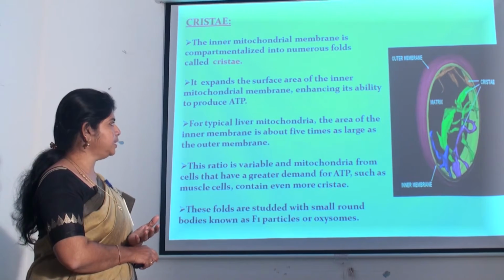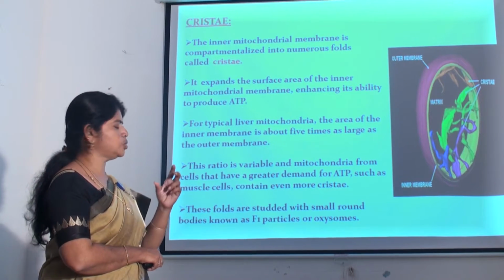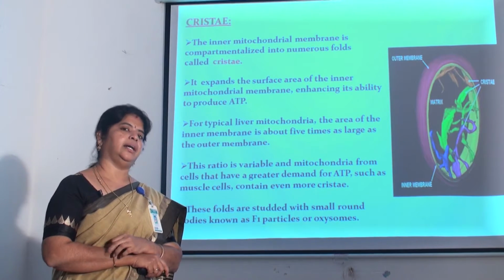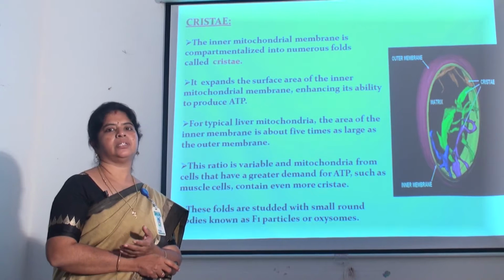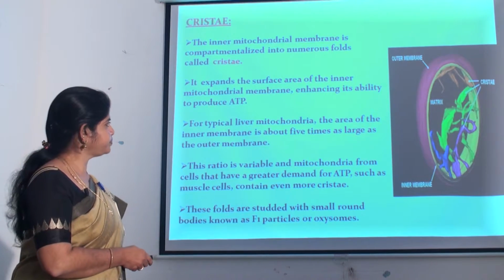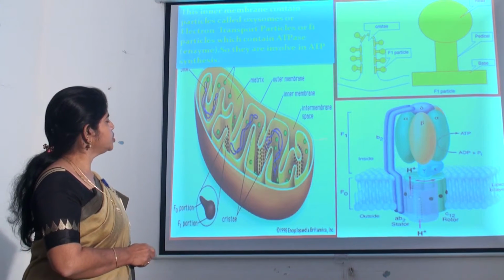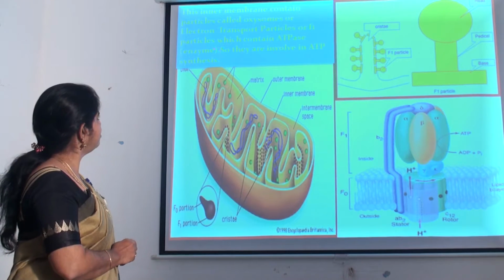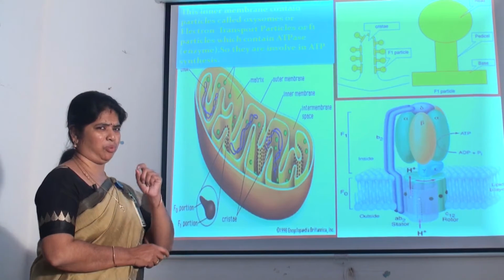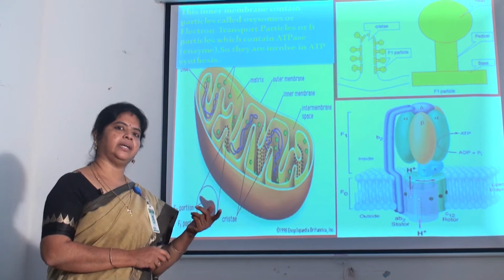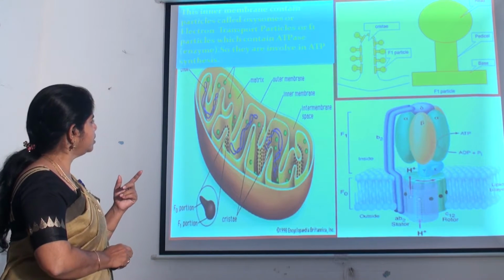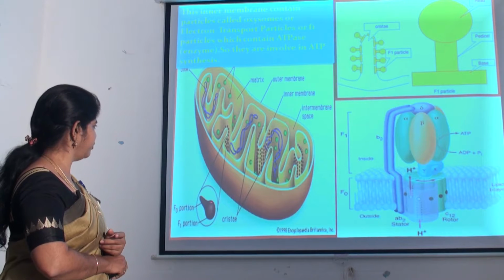And in this cristae you can see small round bodies called F1 particles, or oxysomes, or ETP particles, electron transport particles. Here you can also see small particles on the inner membrane, and the inner membrane carries the F1 particles.